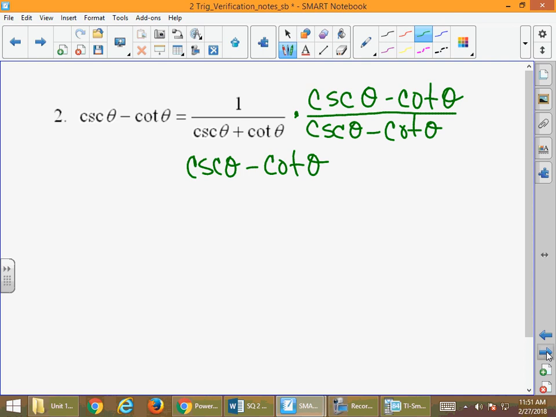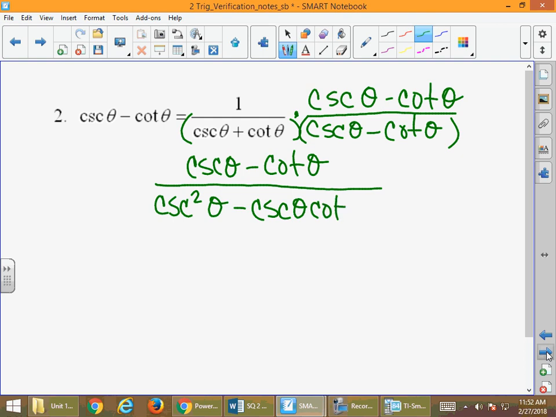But down here in the bottom, we're going to have to double distribute or FOIL. When we multiply this, we get cosecant of theta times cosecant of theta, which is cosecant squared of theta. Cosecant of theta times negative cotangent of theta, which is negative cosecant theta cotangent theta.